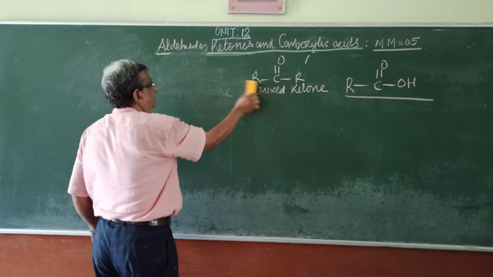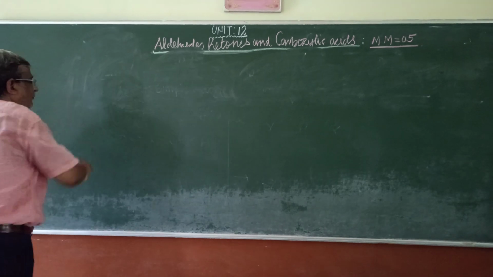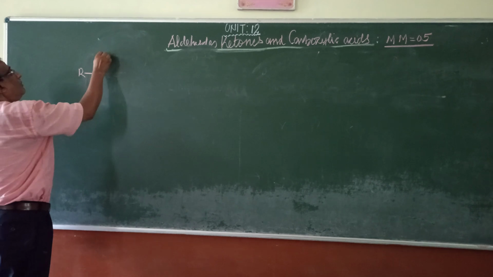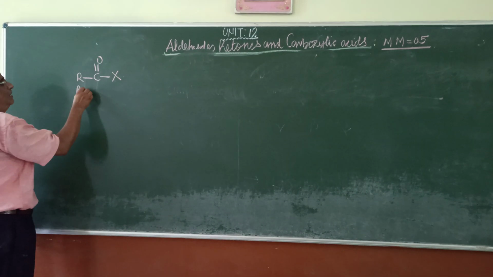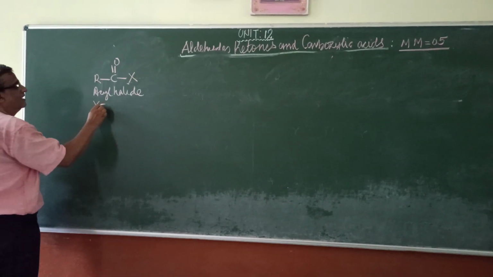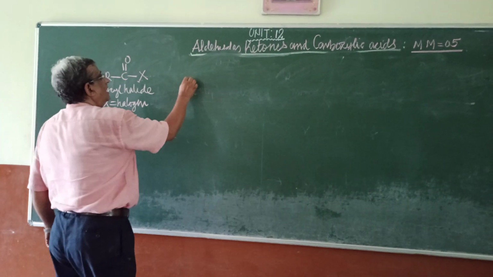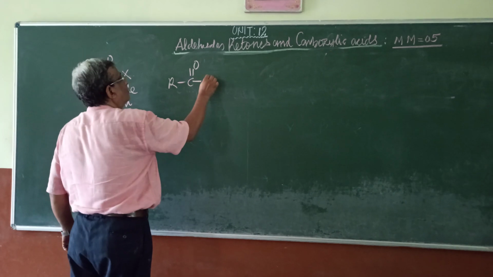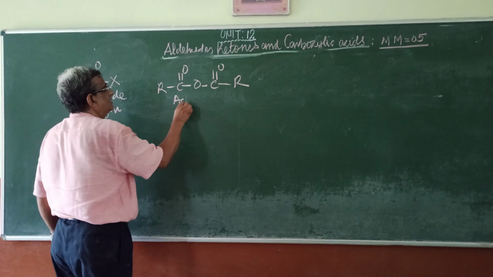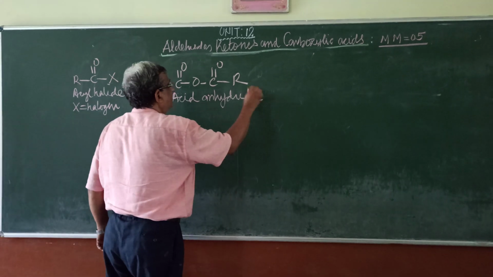Now coming to some very important acid derivatives of the carbonyl group. For example, we have here R C double bond O X. This is called acyl halide. X here is halogen. The next is R C double bond O, O, C double bond O R, known as acid anhydride.